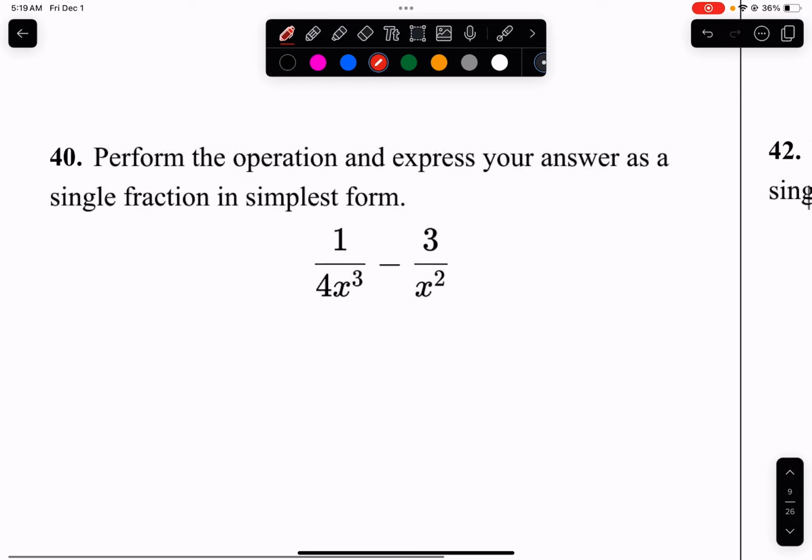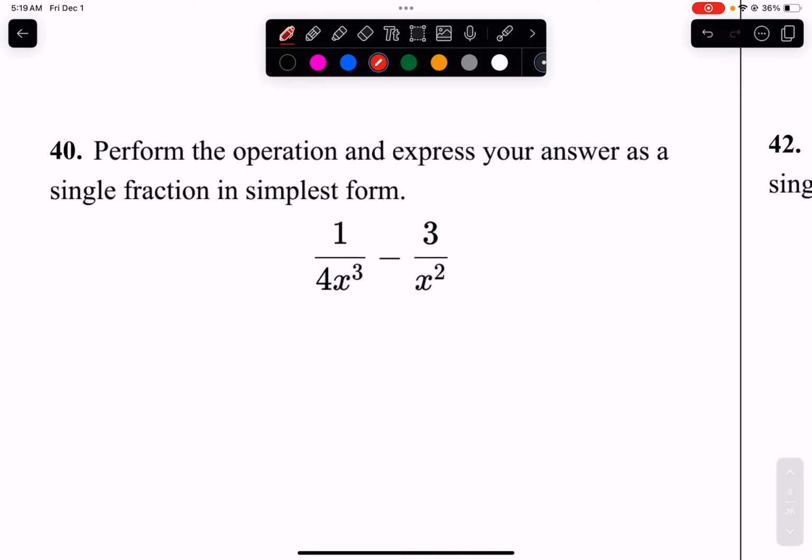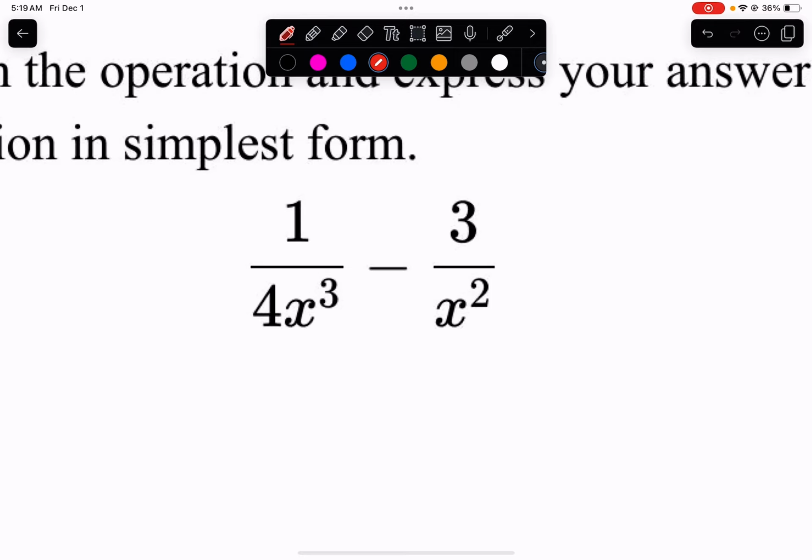All right, next one. So if we look here, we've got 4x cubed, and the second one is x squared. So this second one is missing a 4, and it's missing an x, right?